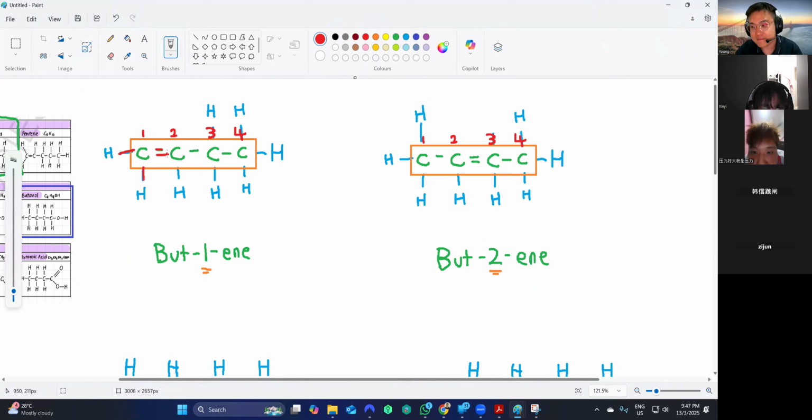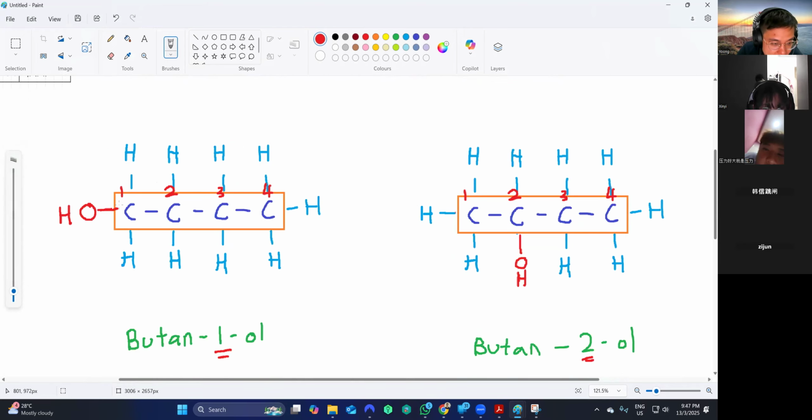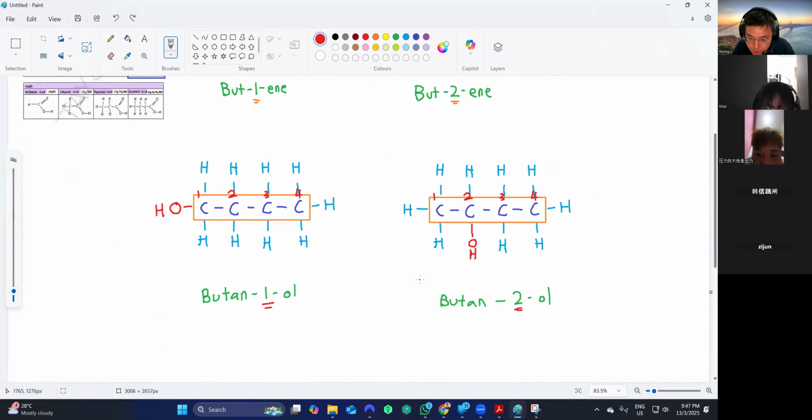Happy or not? They have 4 friends. Cannot be more than 4, cannot be less than 4. It must be just right, 4. So you see here, this number 2 also, 1, 2, 3, 4. Then this number 3 also has 1 friend, 2, 3, 4, sharing electrons with 4. Down here also, 1, 2, 3, 4. So every carbon must be sharing with 4. So that is the general gist.